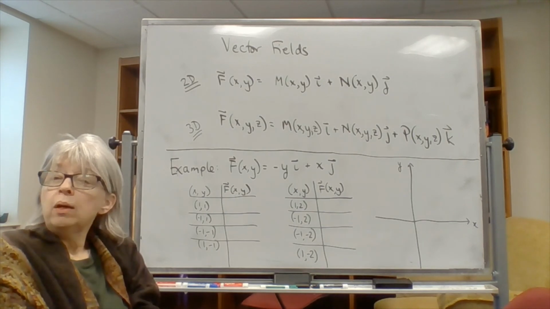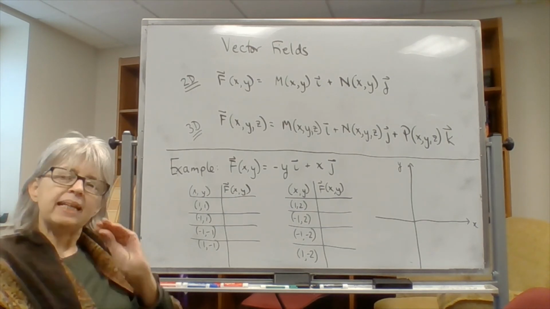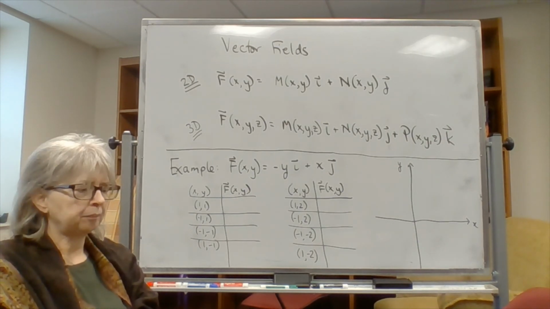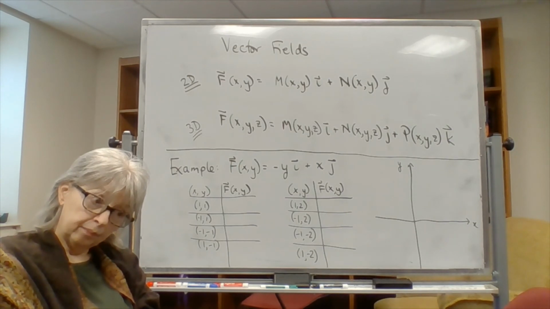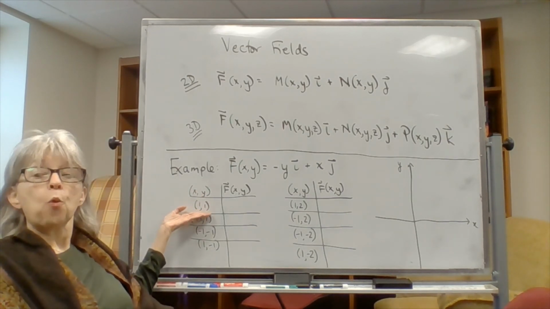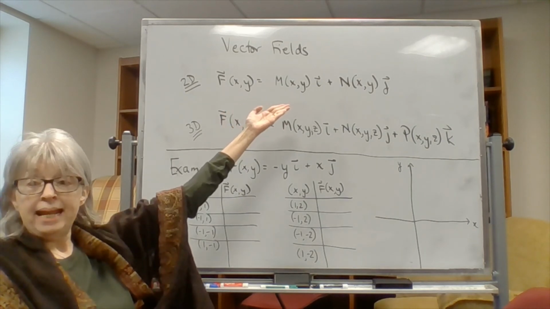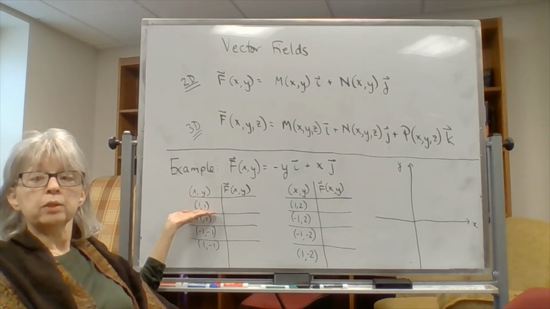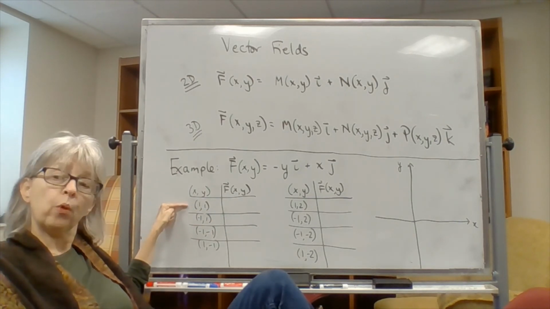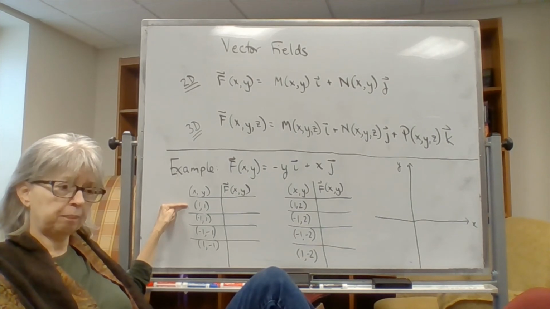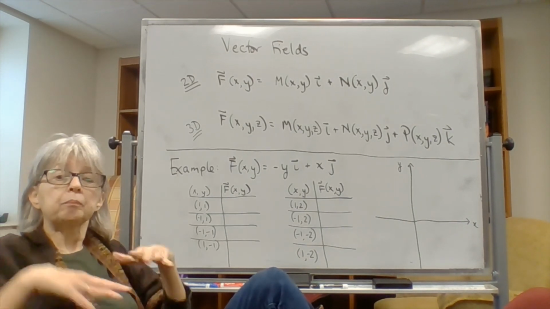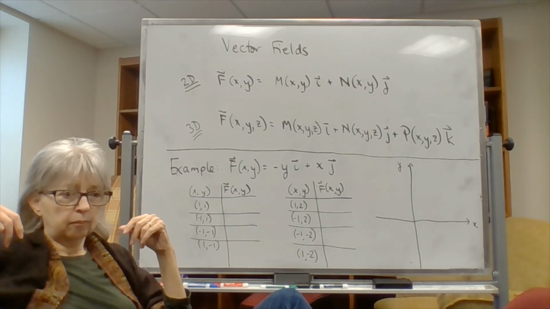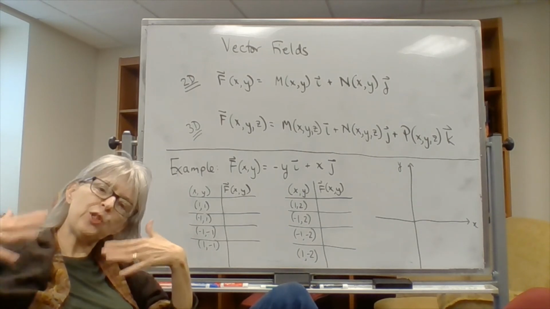The way we draw a vector field is slightly different than the way we draw a vector valued function, in that whatever point in the domain of M and N, or M, N, and P, that we plug into our vector field, that's going to be the initial point of any vector that we get out. Okay? So, big M and big N in 2D, each of them might have a different domain.